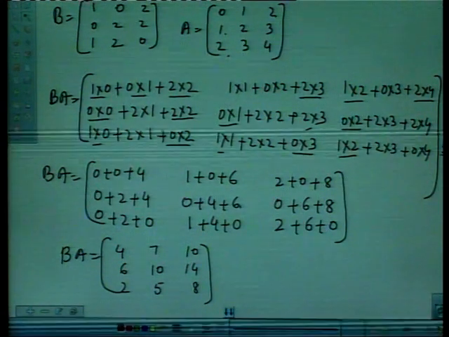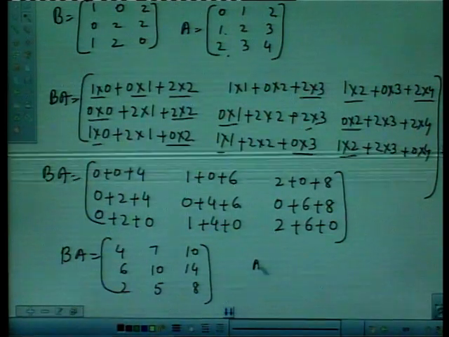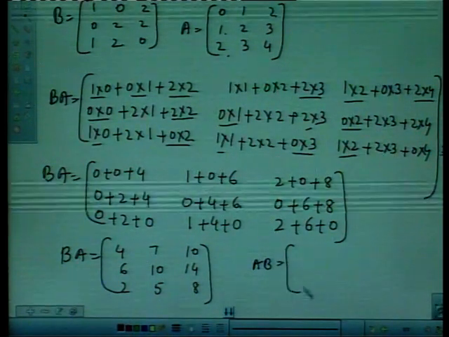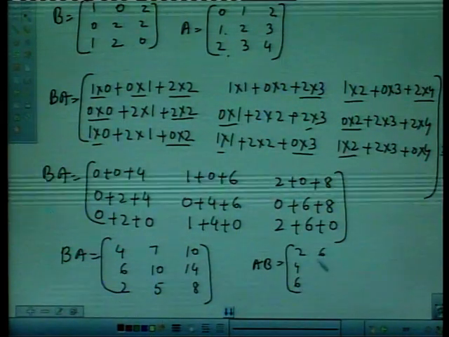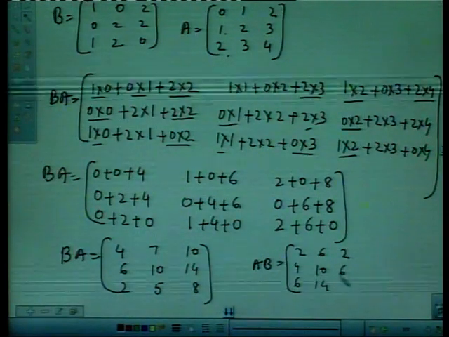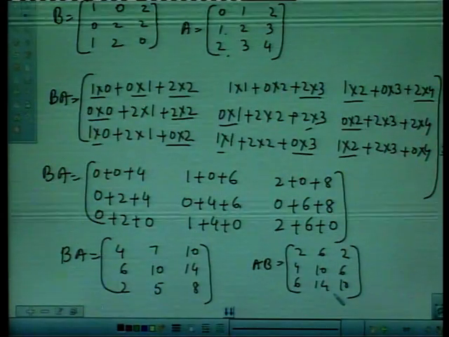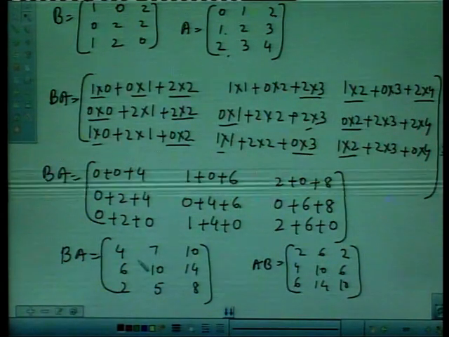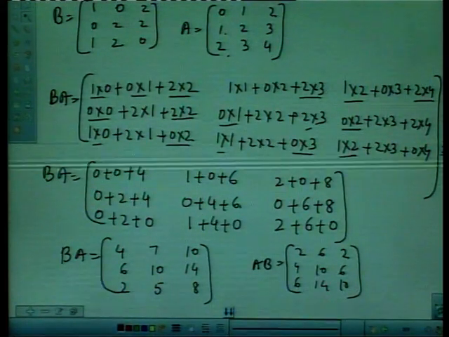And the product of AB we get 2 4 6, 6 10 14 and 2 6 10. So we can conclude that BA is not equal to AB.